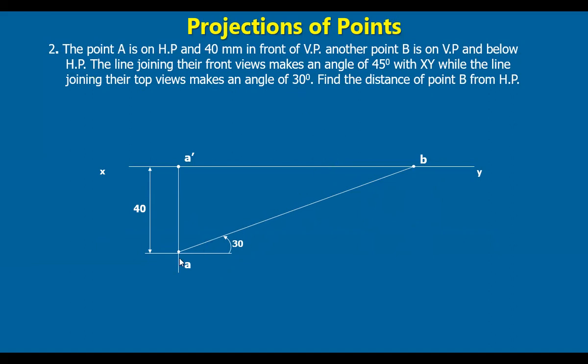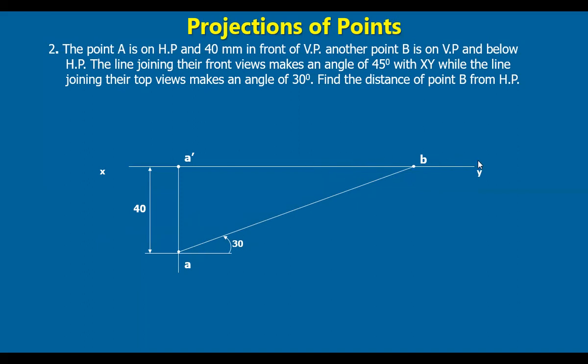So here I draw a line from A at 30 degrees angle, imagining that point B is somewhere on this line. I want to join A as well as the top view of B, so I have drawn a line here at 30 degrees angle. On this line, the point B must be there.